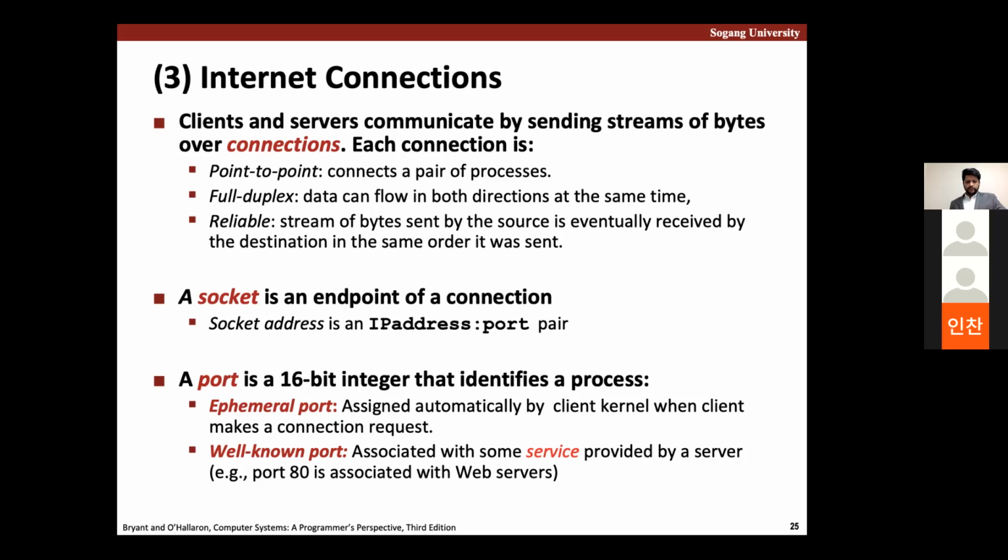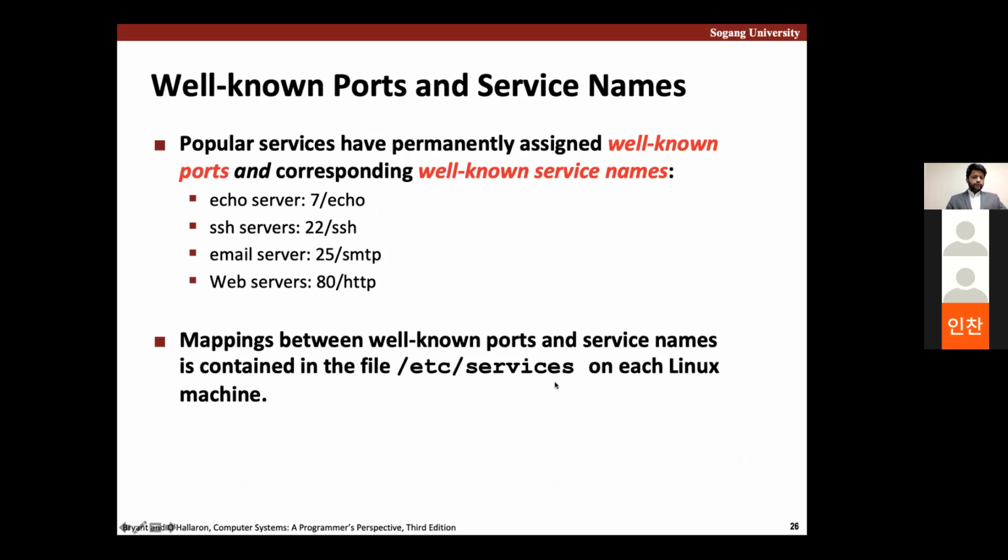So, for example, if you're using some service provided by a server, port 80 is associated with web servers. We're going to see what well-known ports and service names are associated with which port numbers. They have been permanently assigned well-known ports and corresponding well-known service names.